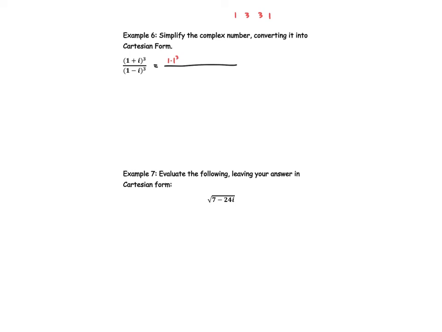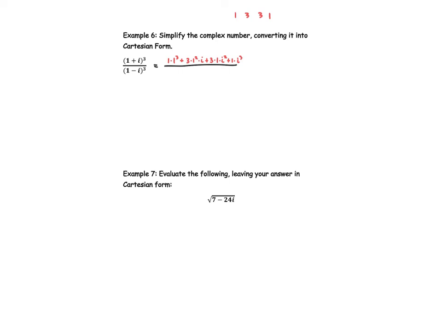I'm not going to include that. Plus 3 times 1 squared times i, plus 3 times 1 to the first times i to the second, plus 1 times i to the third. Okay, so that'll be the expansion of the numerator.